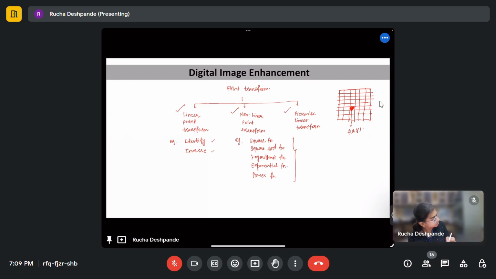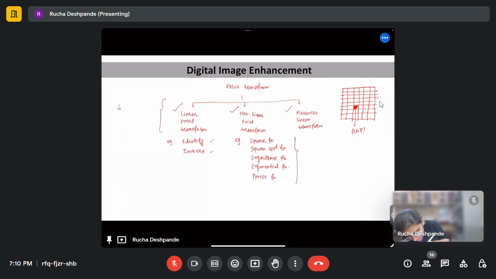So all these three are examples of grayscale mapping. Now we will look at the histogram modeling part of point transform.